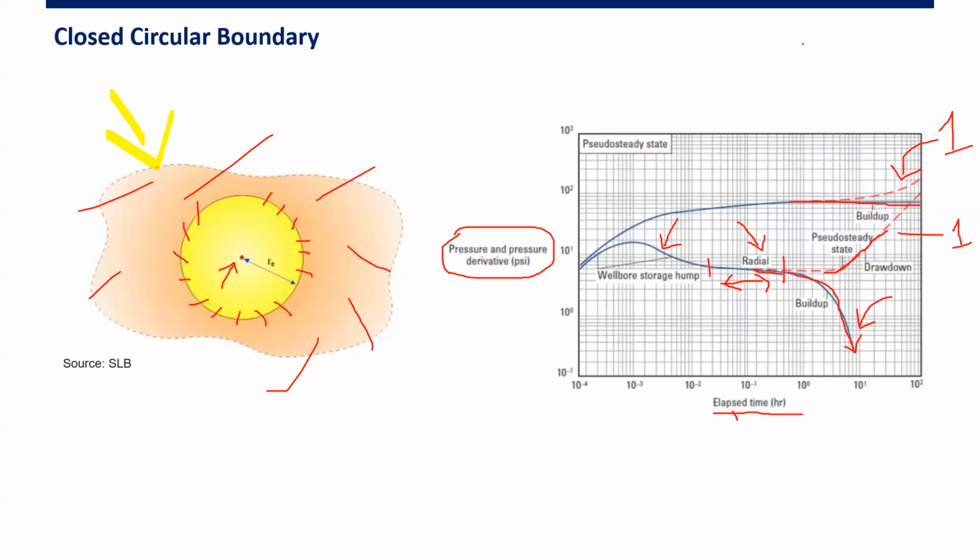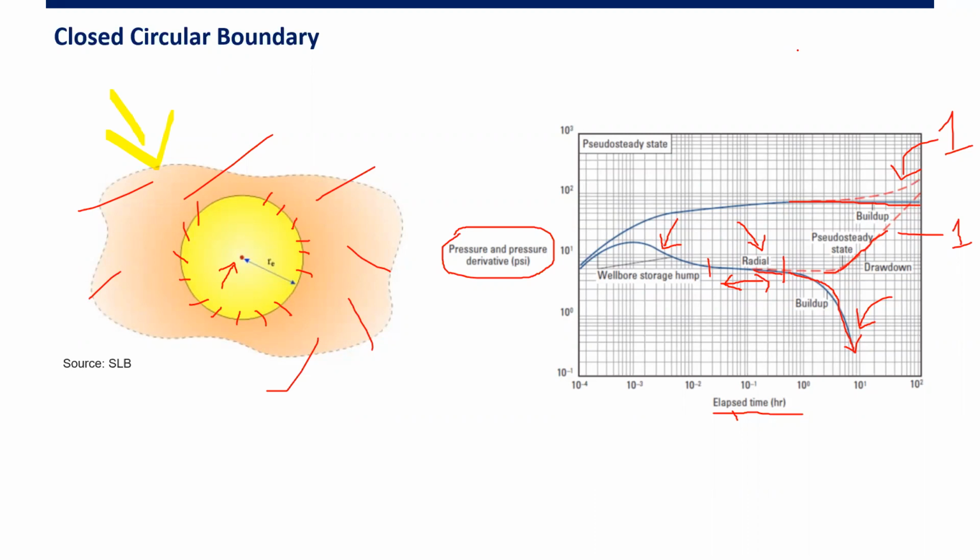And practically speaking, if you are not very clear about the boundary of your reservoir, or the boundary of the reservoir section close to your well, then the first assumption that you can use is, of course, the closed circular boundary.